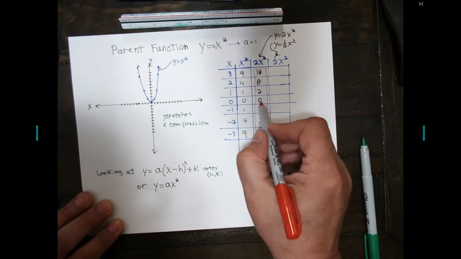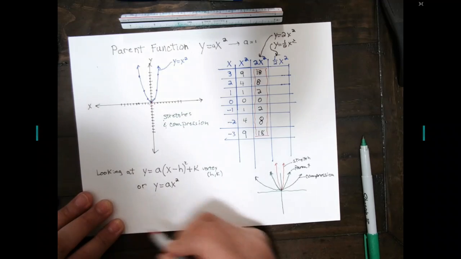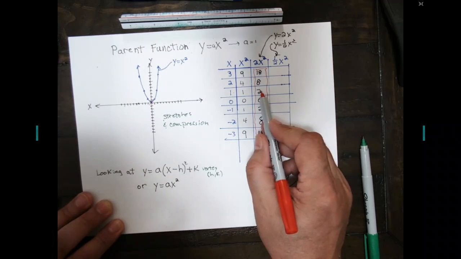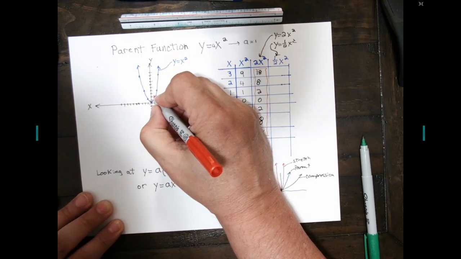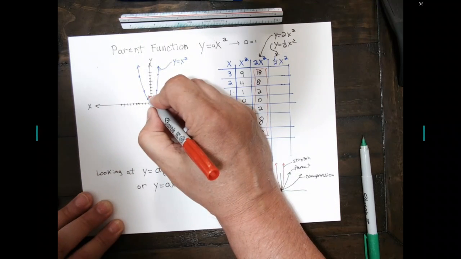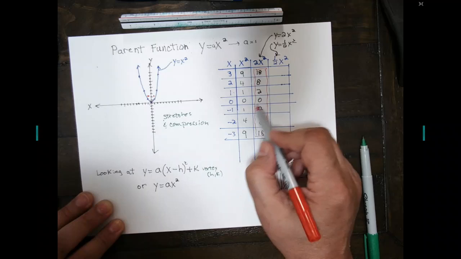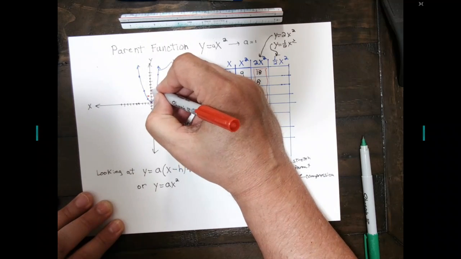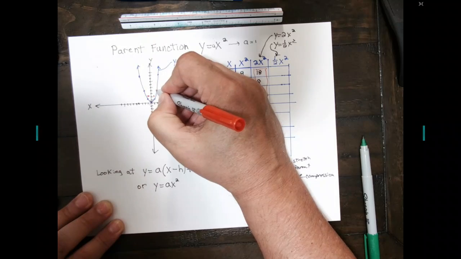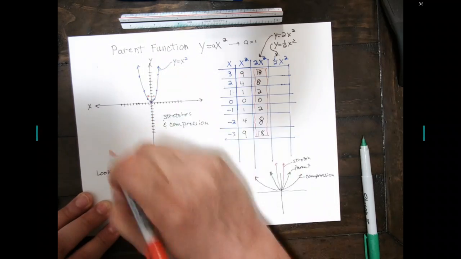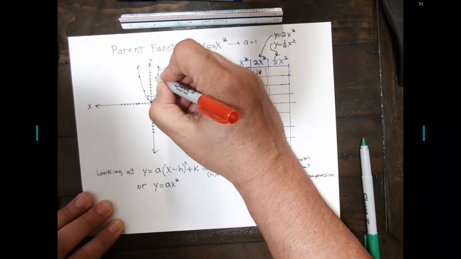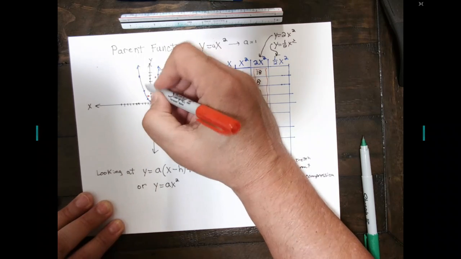At 0, I get 0, so that stays in the same place. At 1, I get 2. It's symmetrical, so both sides. At 2, I'm sorry, at 2 I get 8. That is right there, and then I have a symmetrical one.